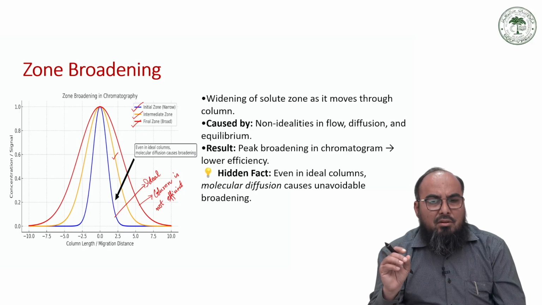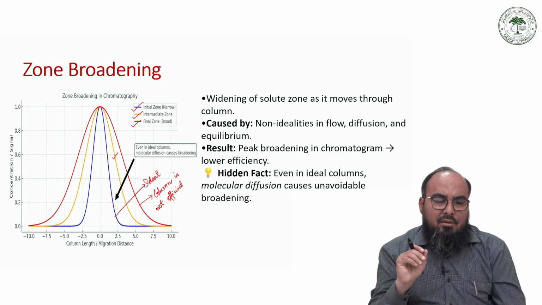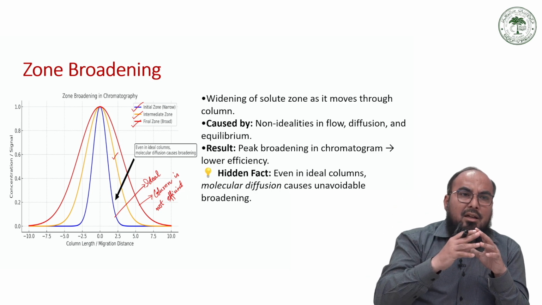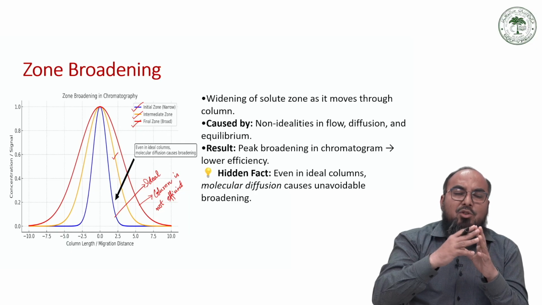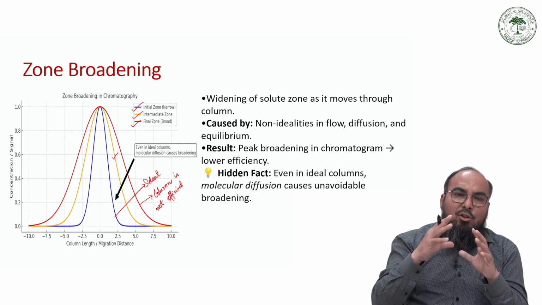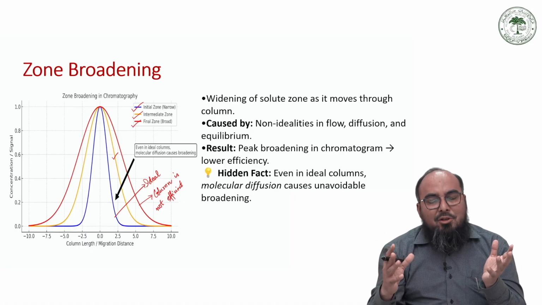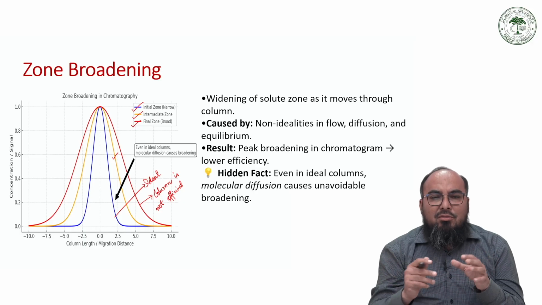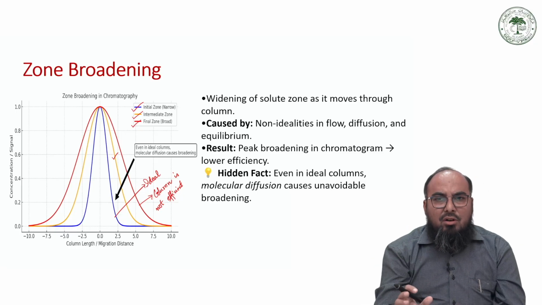Okay. So at this point, what is important to emphasize is that even in an ideal column, diffusion comes into play. And this diffusion is maximum when we are dealing with a gas acting as the mobile phase, which we will see when we discuss gas chromatography. So sometimes we have to take all the factors into account and modulate them.